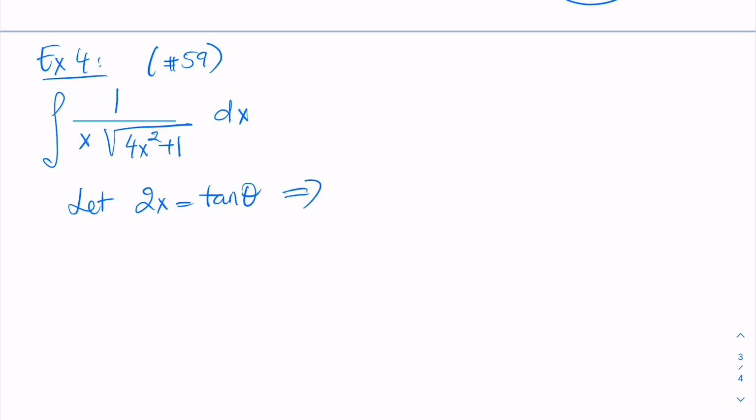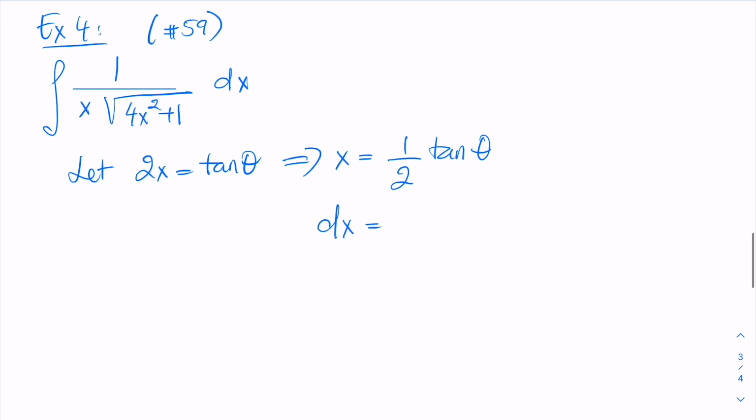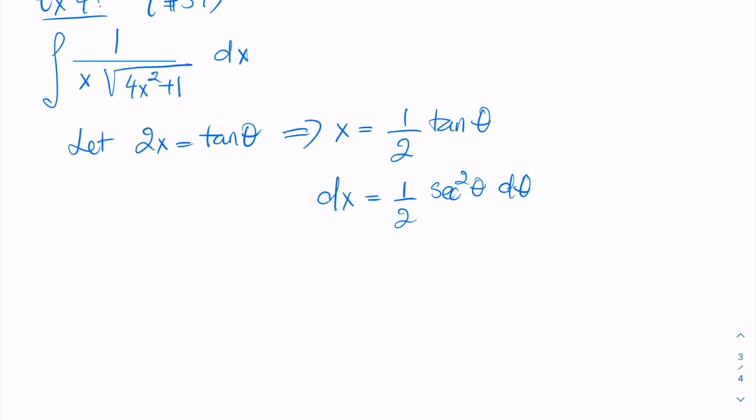So x is going to be 1/2 tangent theta. So we take the derivative, dx turns into 1/2 secant squared theta d theta. So you can see that square root of 4x squared plus 1 should be secant theta.